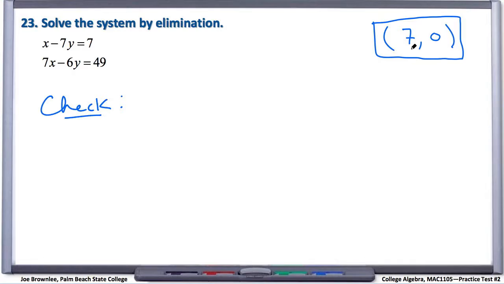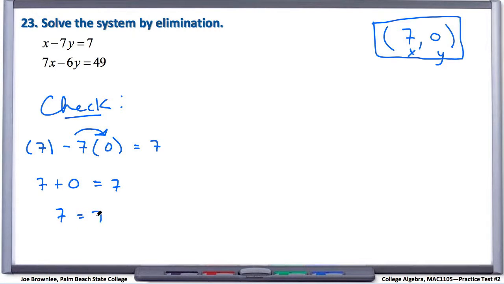So if we plug it into the first equation, we end up with 7 minus 7y, but we're saying y is 0, equals 7. The parentheses can go away. We'll distribute that through. Negative 7 times 0 is just 0, so we can say plus 0 or minus 0, doesn't matter, equals 7. Well, we know 7 plus 0 is just 7, so 7 equals 7. That is a true statement.